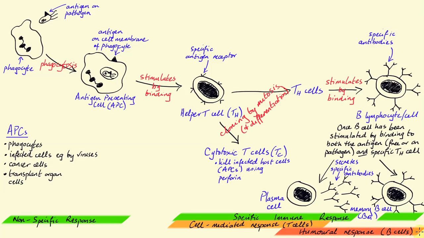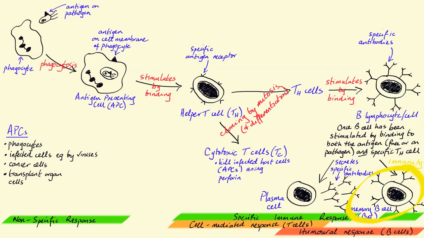It is the memory B cells, and only the memory B cells, that bring about immunity. It is only these that stay in the blood. The antibodies do not stay in the blood. They're actually destroyed really quite quickly.